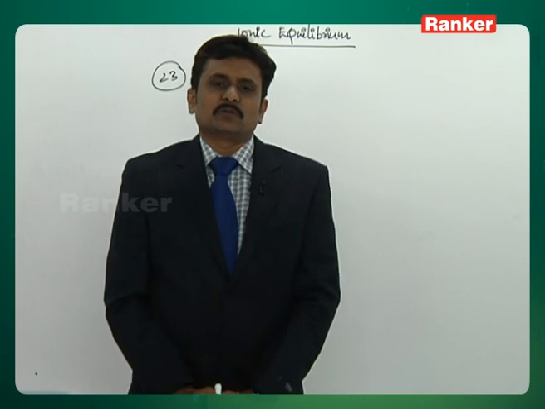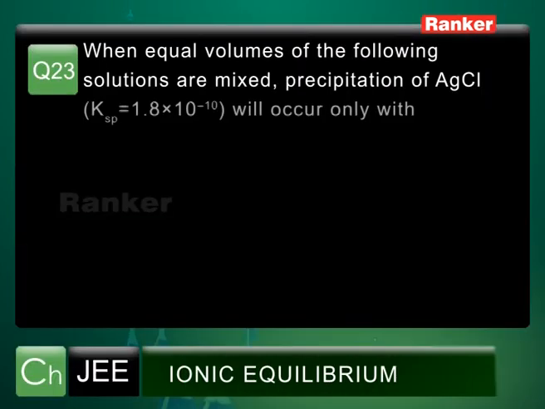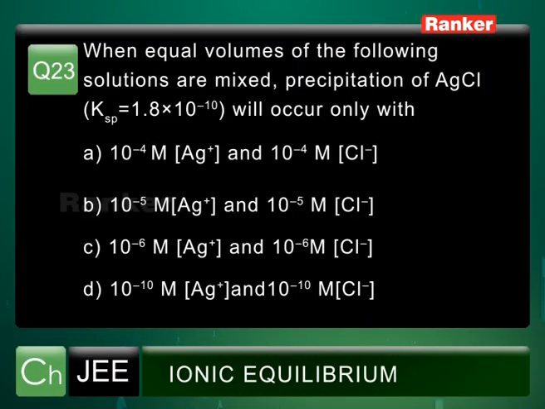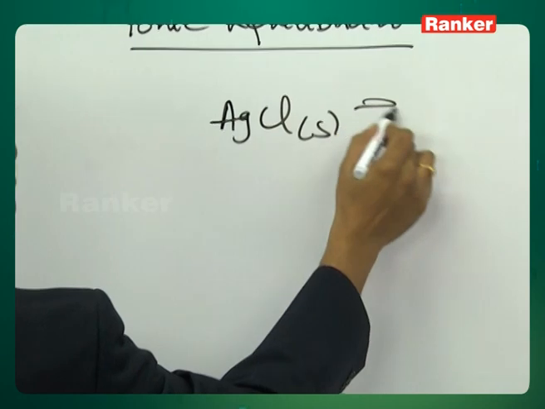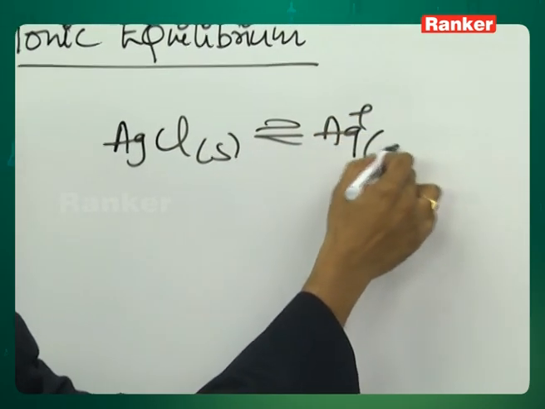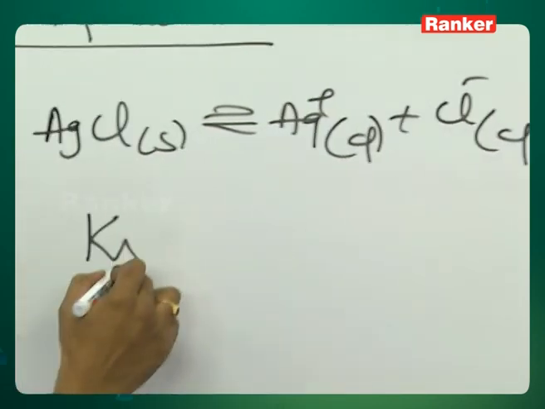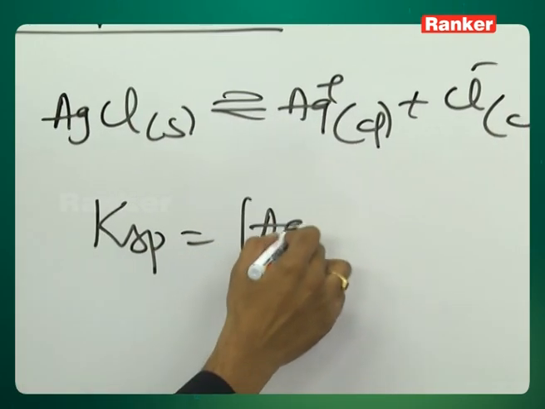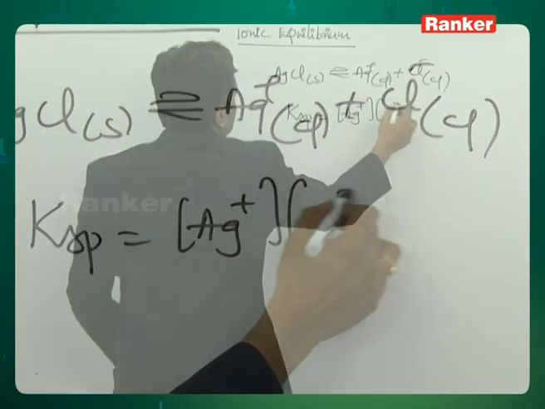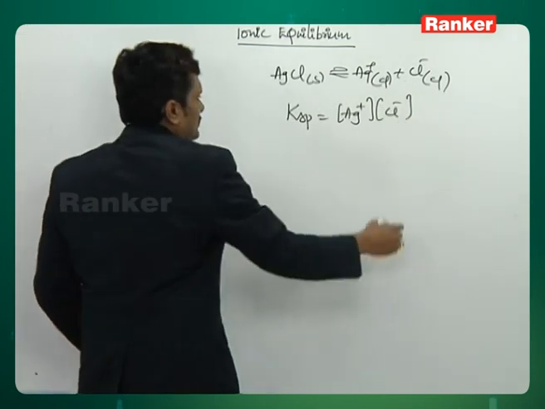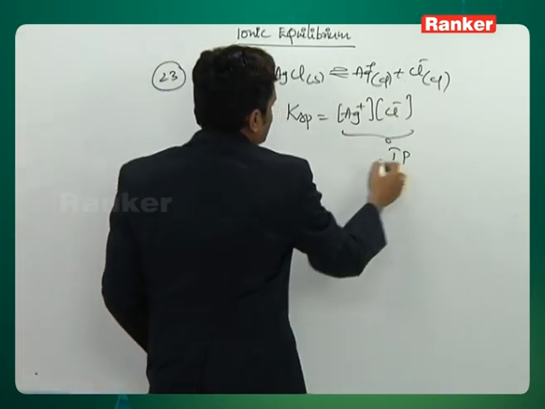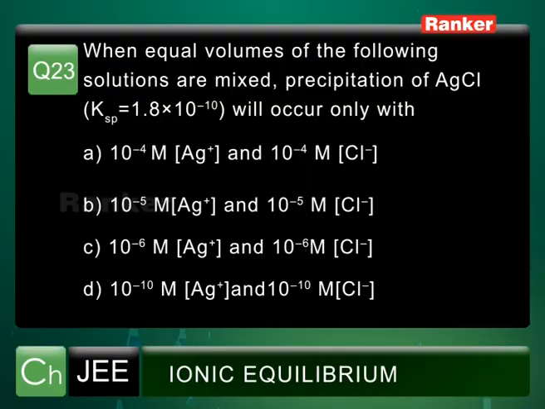Now when equal volumes of the following solutions are mixed, the precipitation of AgCl will occur only with, I mean to say, once again a similar question is being asked. AgCl, we have a solid with the dissociation like this. So the solubility product is concentration of Ag plus into concentration of Cl minus. When this ionic product exceeds the solubility product, we can anticipate precipitation.